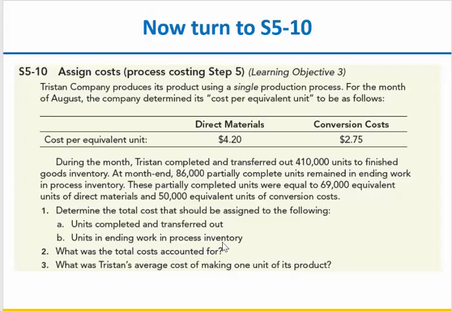In order for us to find 1A, units completed and transferred out and their costs being assigned, we have to look at how many units are completed and transferred out. It's 410,000. So we need to multiply 410,000 units by $4.20 and $2.75 respectively, so that we can find what is the total cost that 410,000 units carry in terms of dollar value.